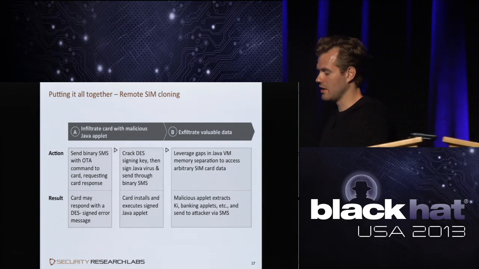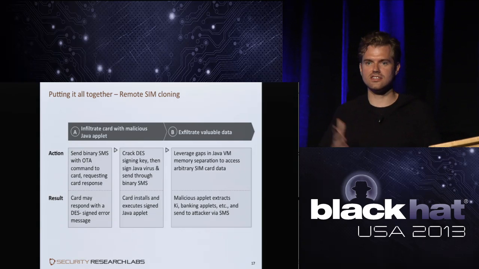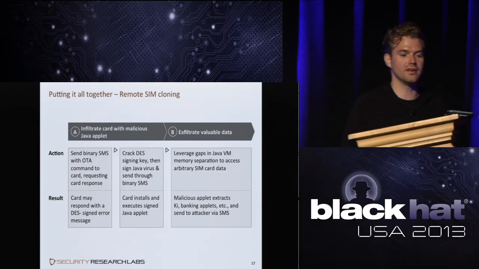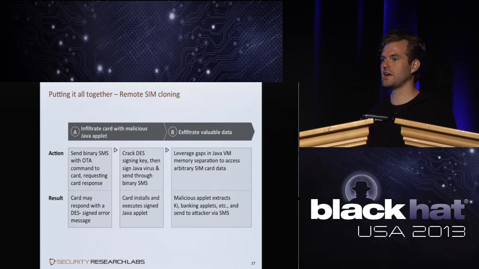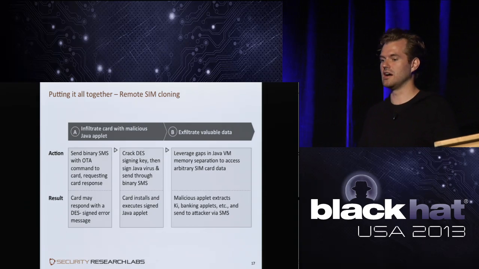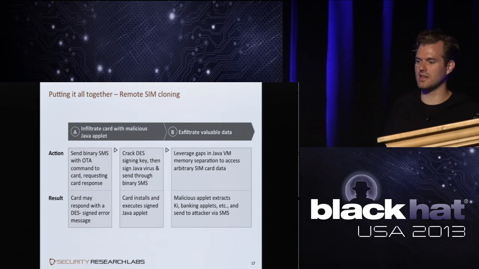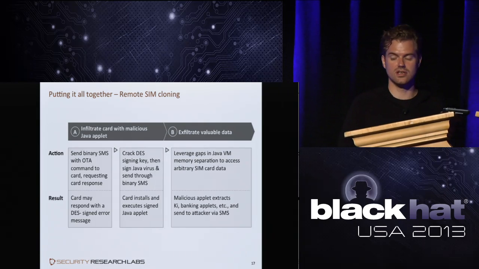You start with a range of phone numbers, either guessed or collected in some other way, and you send binary text messages to a bunch of them, right? Tens of thousands if you want. There's definitely SMS spamming operations going on that cover millions of devices.